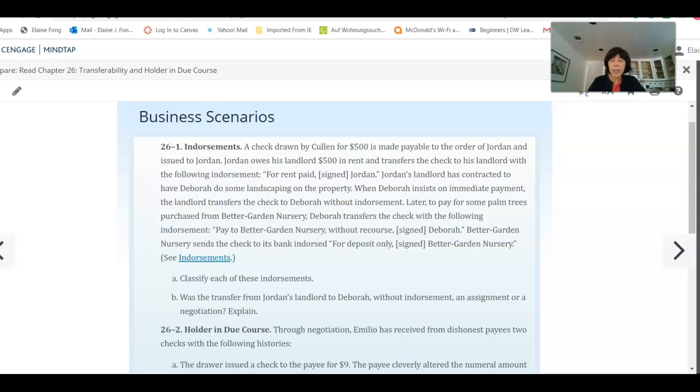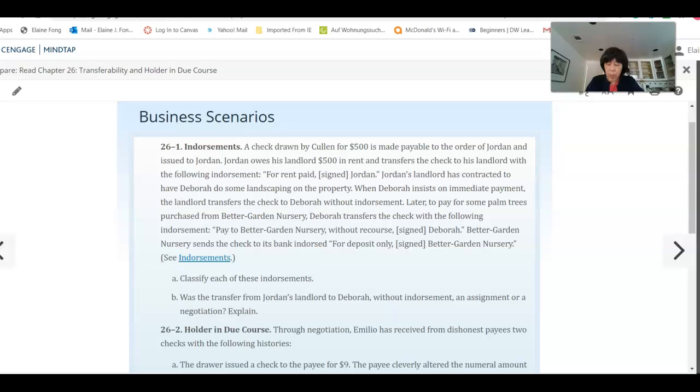All right. Now, why does Deborah put the qualification on there, the without recourse language? She is transferring a check that she does not know whether there is money to support it. She does not know whether there is money in the checking account. So she doesn't want to take any responsibility should the check not be paid, should it be returned NSF or non-sufficient funds.